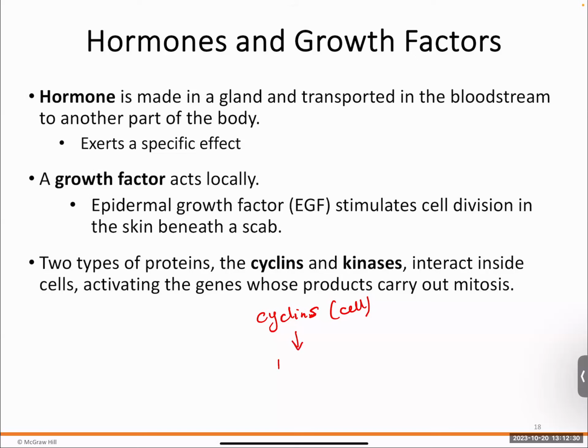That activate genes that are important for mitosis. And that means that you increase the rate of mitosis. Because if those genes are making your proteins and they are activated, they encourage the process of mitosis to also happen.